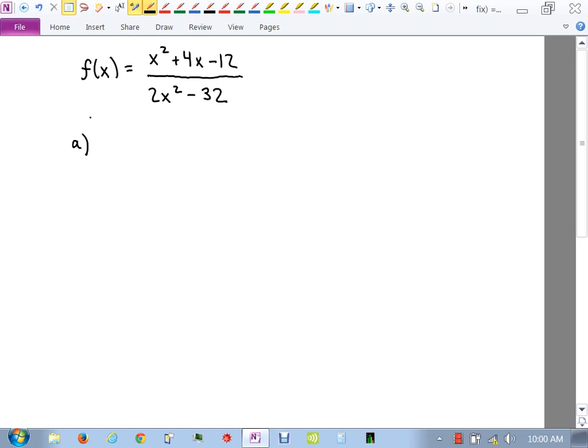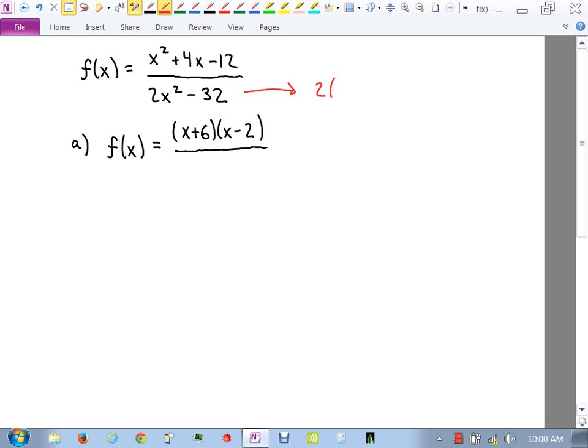Step A, completely factor the numerator and denominator of the function. Well, this time I have to factor. And this is not even going to be something I show how I do it. I would expect that everyone could get to x plus 6, x minus 2 over. Now on the bottom one, I will help you.